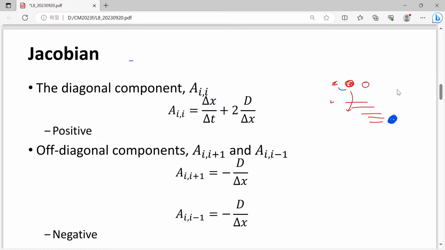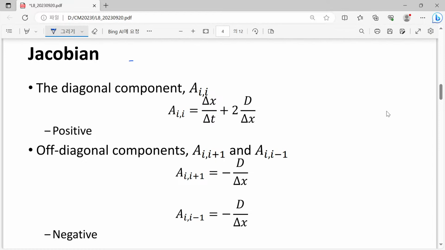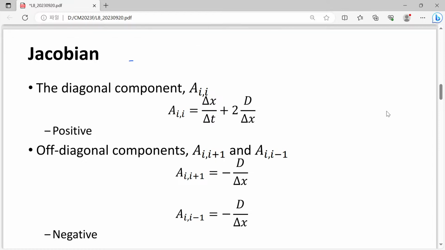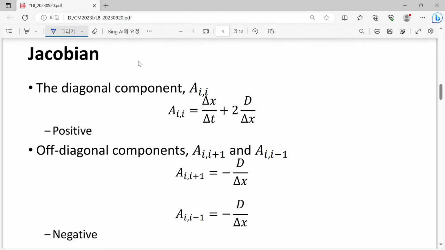So why is that so easy? Because it is related to the linear system. If we consider a nonlinear system, then things can be a little bit more difficult. But right now we are considering the linear system, so it is easy to calculate the Jacobian matrix.